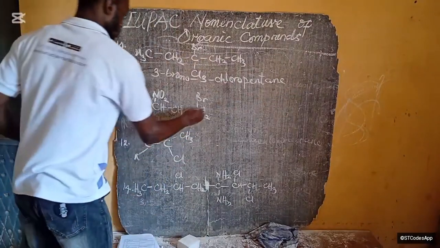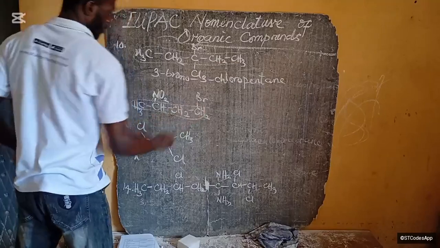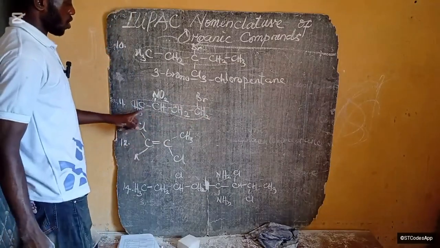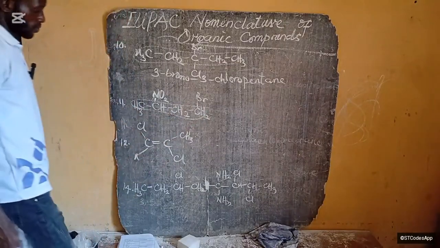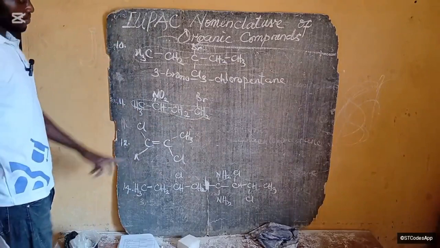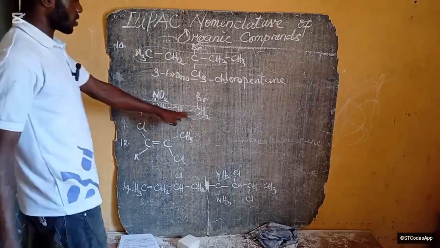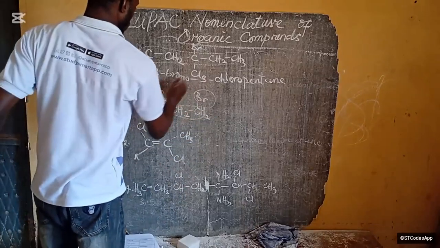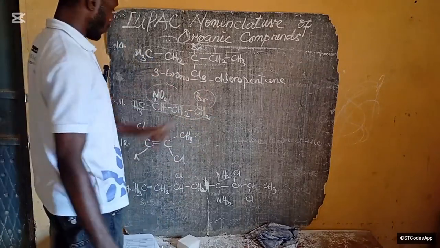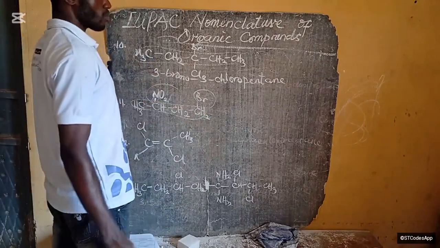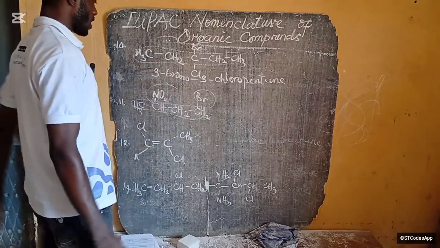Here also, this will be the longest carbon to carbon chain. How many carbons have we there? 1, 2, 3, 4 carbons. There are 2 substituents here, the nitro and the bromo. So here we have bromo on carbon 1, nitro on carbon 3.